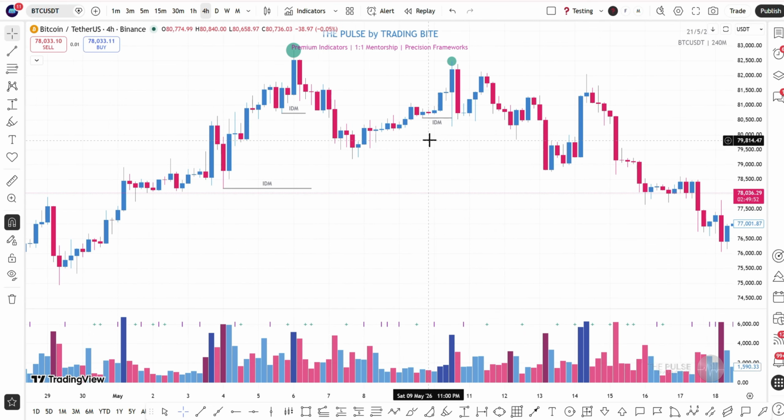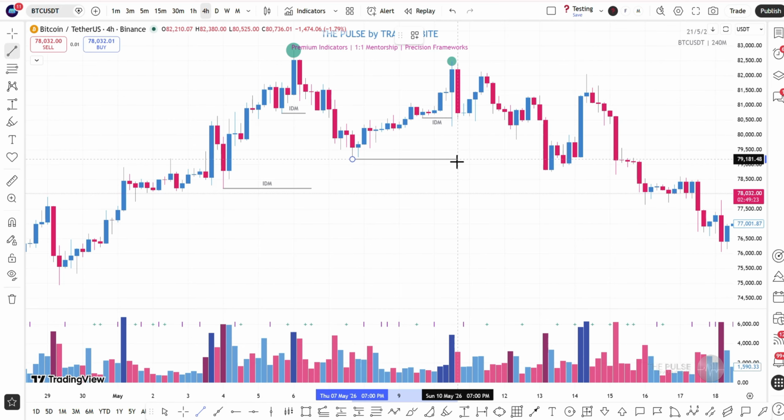Our highest point is this one, and our low point is this one. Do you think this is a valid inducement? No, because our highest candle is also the lowest candle. We have to have a lowest point of our high candle. If this is the height, we have to go all the way here. So our valid inducement will be just right here.